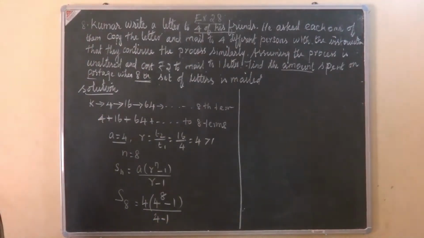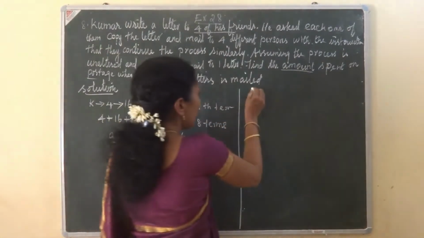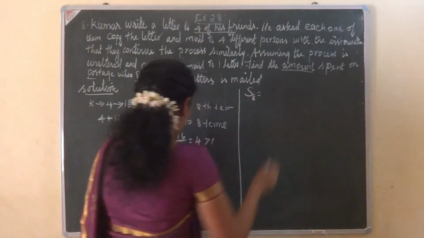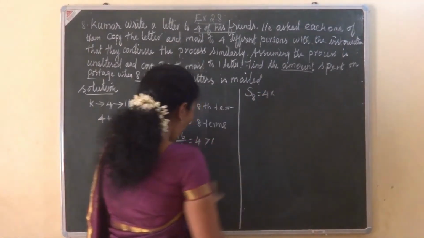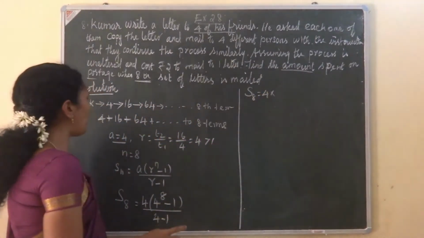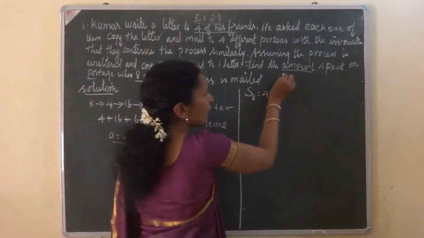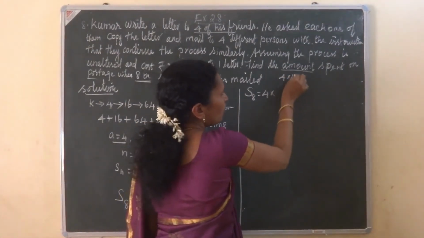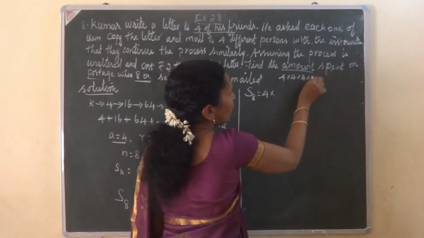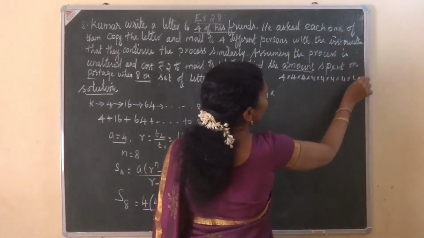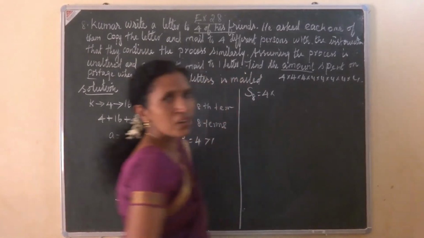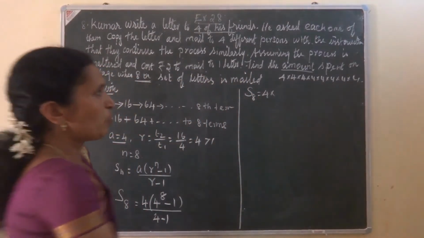Now S8 equal to 4 into 4 power 8. 4 power 8, how many times should we write 4? 8 times, 4 into 4 into 4 and so on. 8 times you write and multiply.